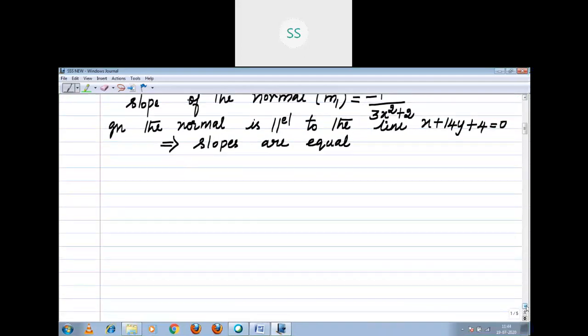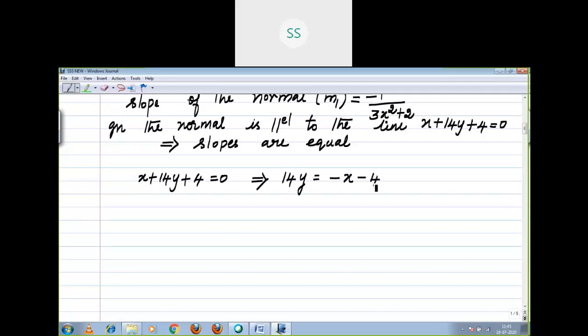First, the given line you should modify in terms of y is equal to mx plus c, right? x plus 14y plus 4 equal to 0, which implies you keep y alone on the left side, the rest of the things carry over to the right.